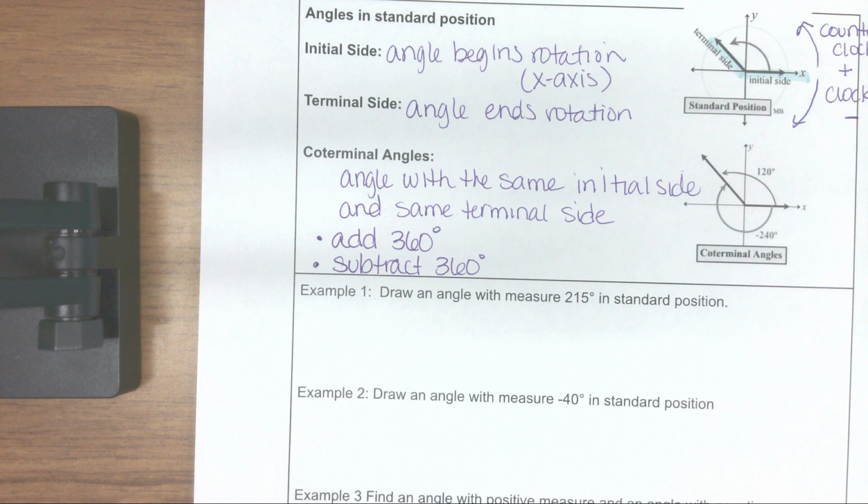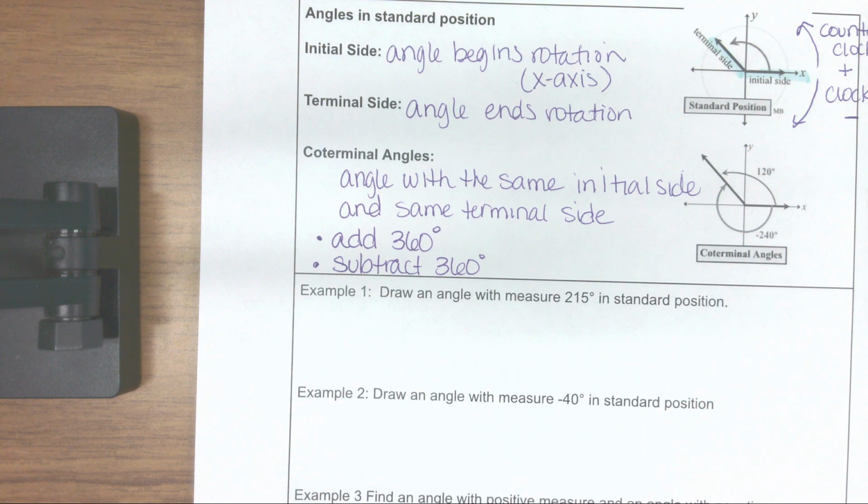Let's see how we do with this. The very first thing I want to do, practice, is drawing these angles with the initial side and terminal side, and you have to have some knowledge of degrees. We are all familiar with what a 90-degree angle is.